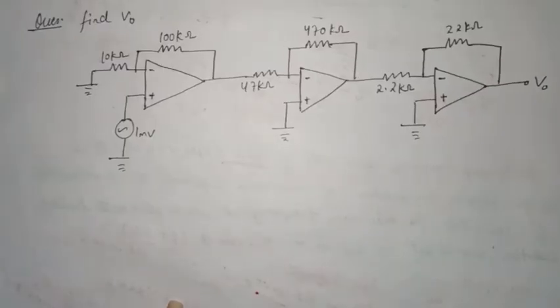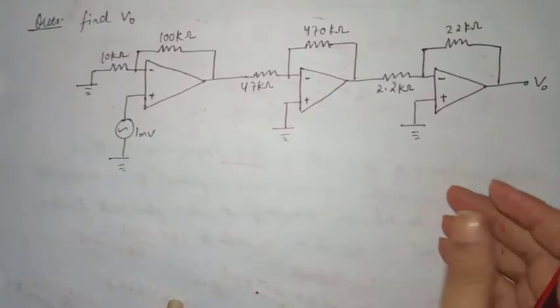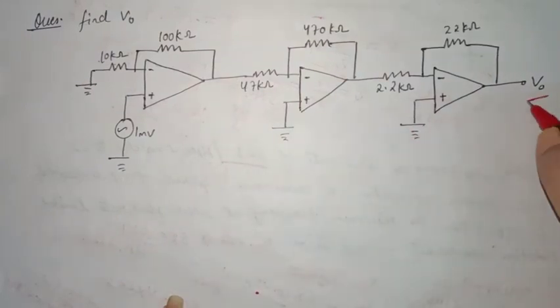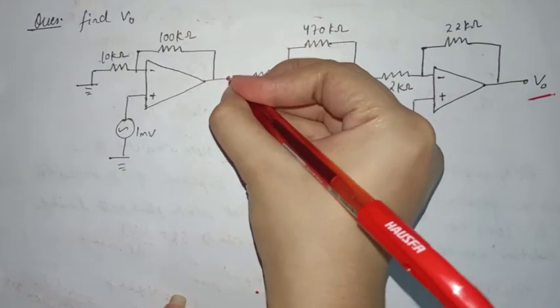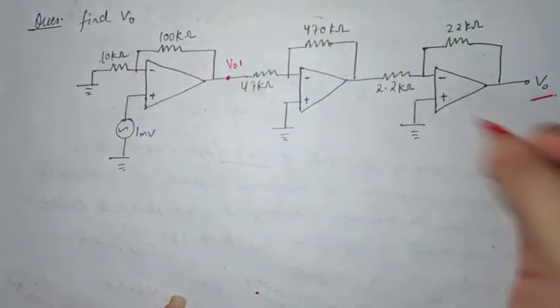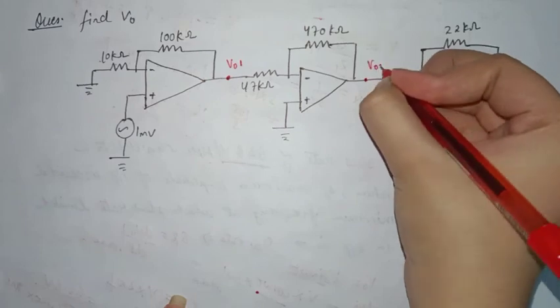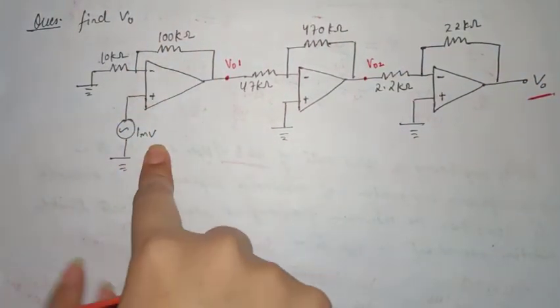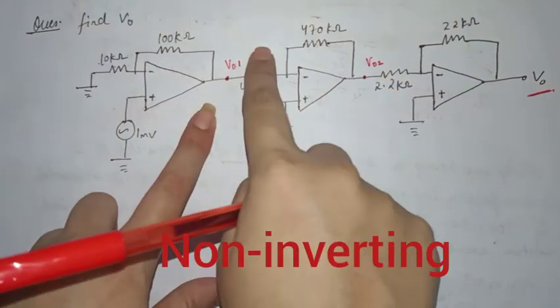Now the last question is, we have given a circuit consisting of 3 op-amps and we have to find the output voltage V0. So suppose let's say the voltage is V01 और यहाँ पे क्या है V02. So firstly we have to solve this op-amp and find the value of V01.